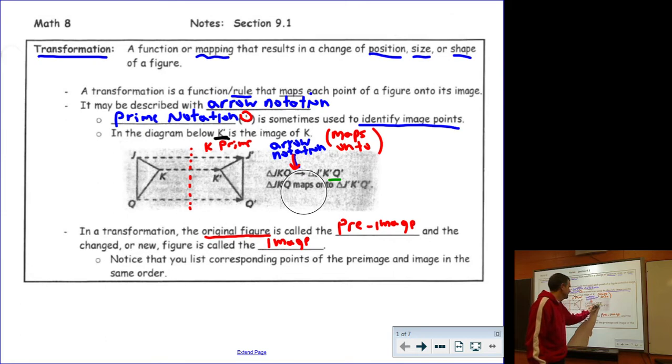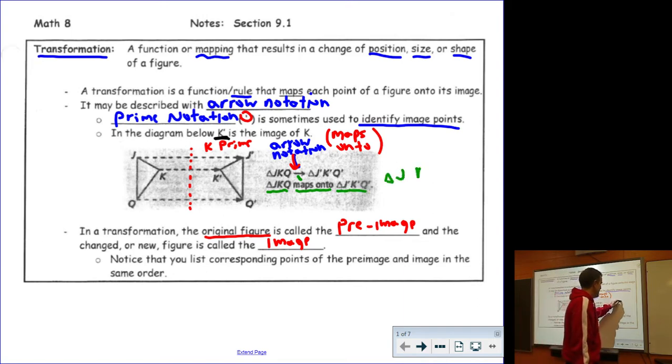So this sentence right here reads, as it says below it, this triangle, JKQ, maps onto, right? That's what the arrow means, maps onto, triangle J prime, K prime, Q prime.